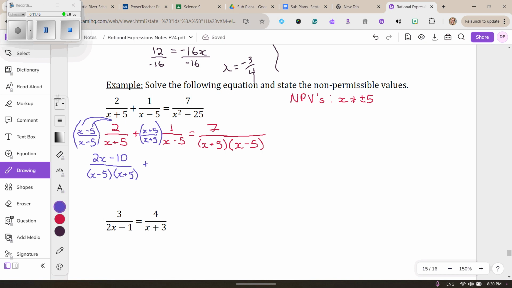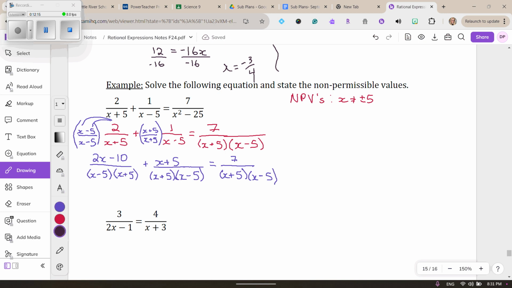Okay, then we are going to add. Here we're only multiplying by 1, so it's just x plus 5. Multiplying by 1 doesn't change it, and the denominator is x plus 5, x minus 5. And then our last one is just as given. Now I have a common denominator on all my fractions.